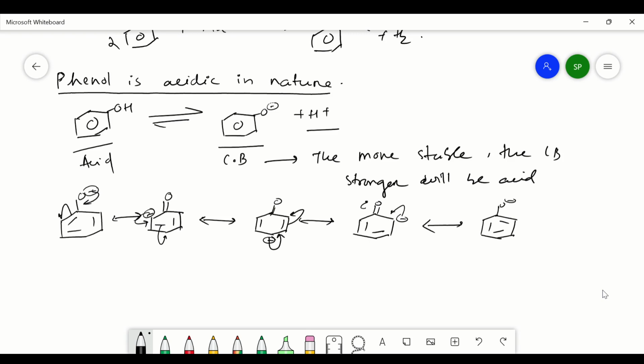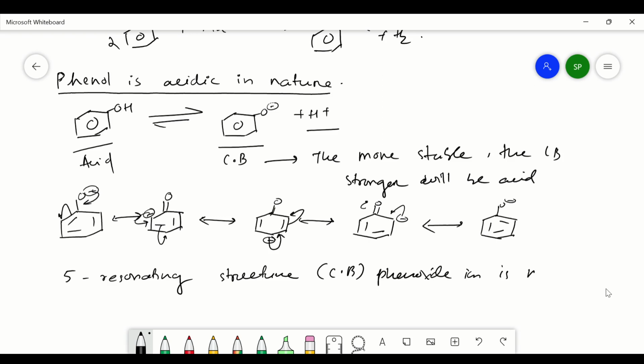Here this phenoxide ion is stabilized by 5 resonating structures. So this conjugate base, the phenoxide ion, is more stable. As the conjugate base is more stable, phenol is acidic.